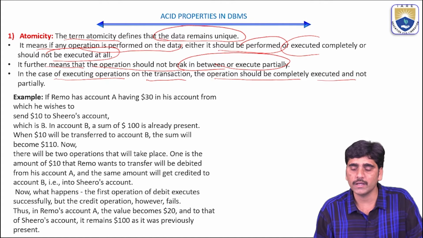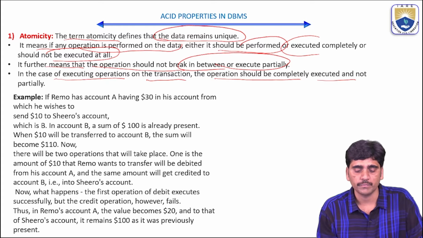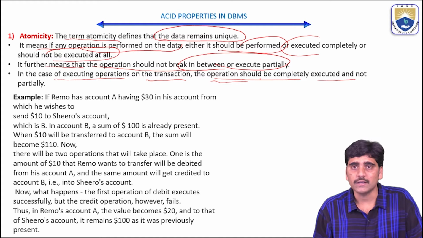Sometimes operations are completed successfully, and sometimes they are not completed. At that time, we will see whether the atomicity property is satisfied or fails.